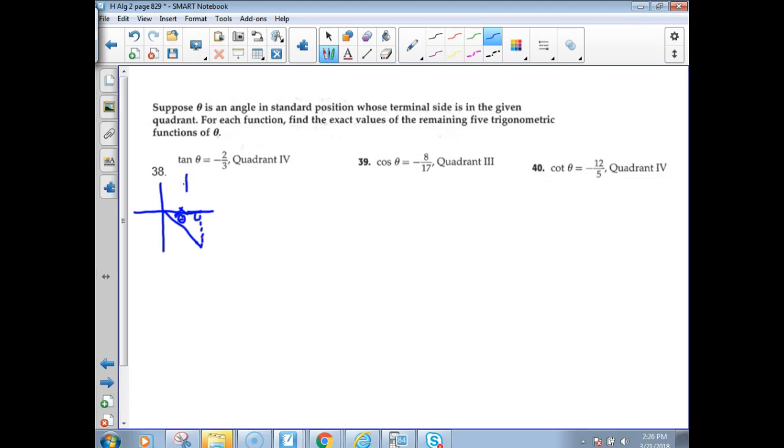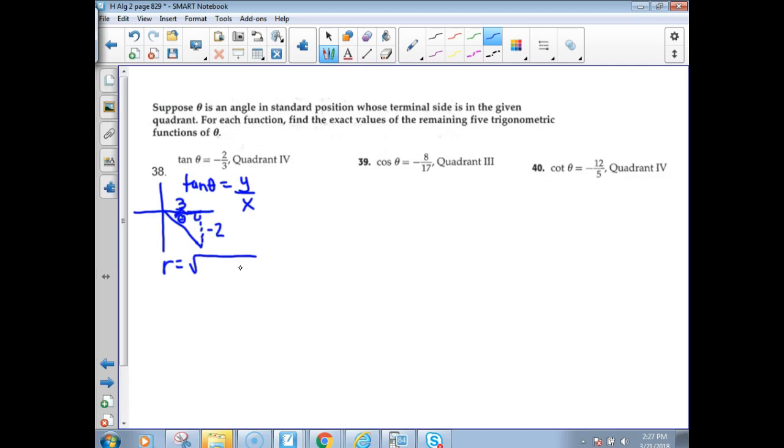What is tangent? It's y over x. So this would be positive or negative. So it would be negative 2, and the x part would be 3.